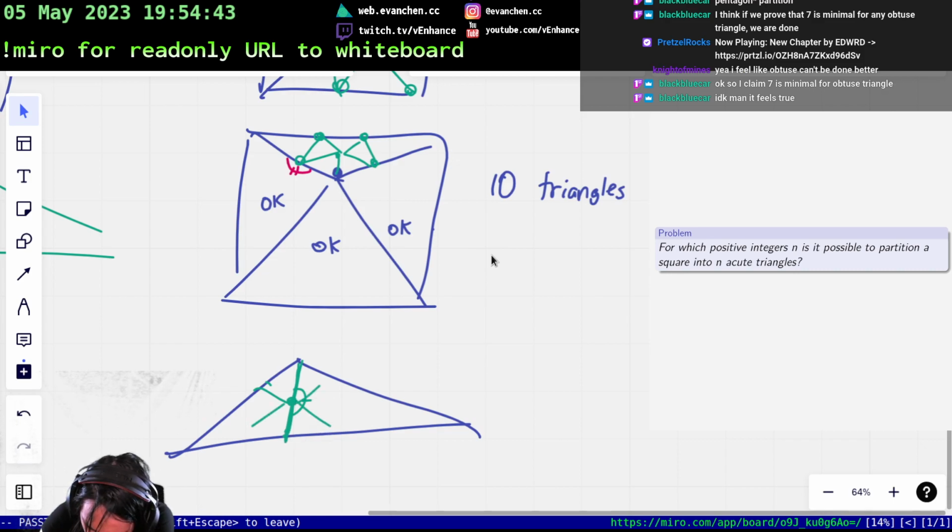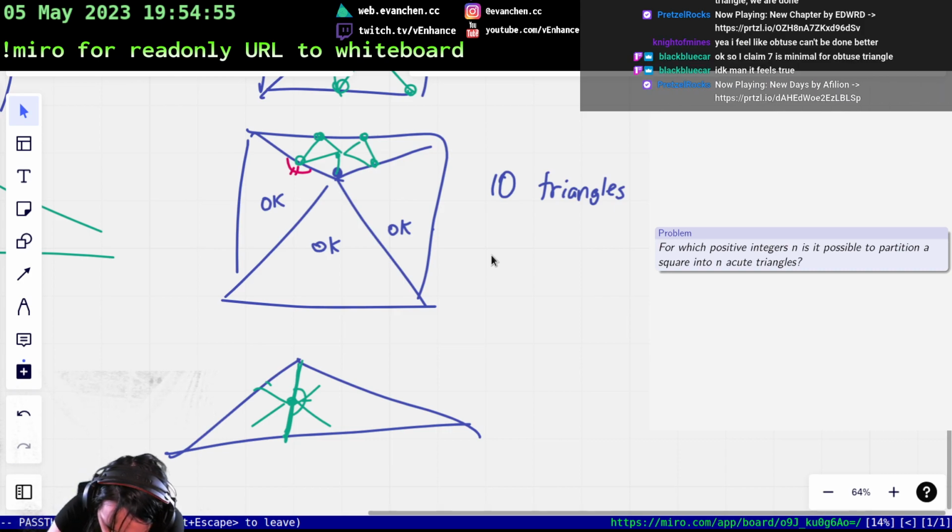Yeah, so that's the pentagon. I agree. I am pretty sure that it's going to be optimal. I don't think that can be improved. Because if you take the obtuse thing, there's some things going out of it.